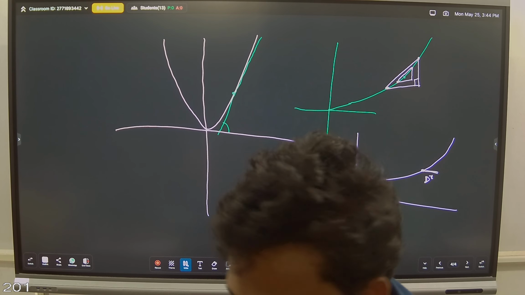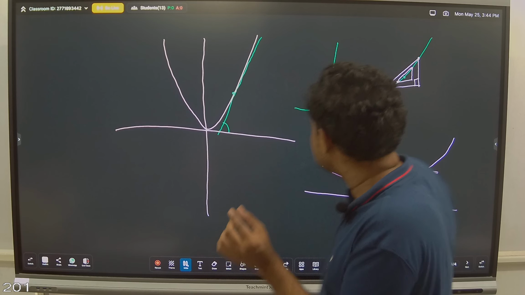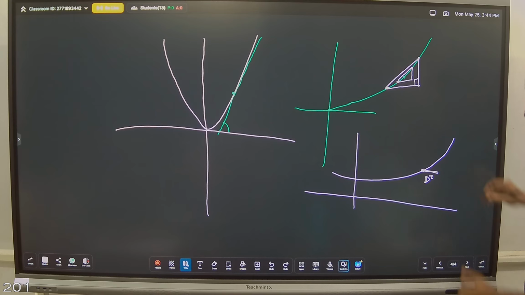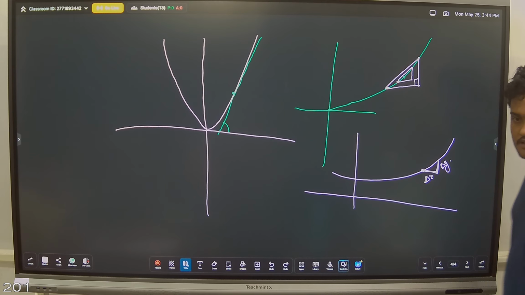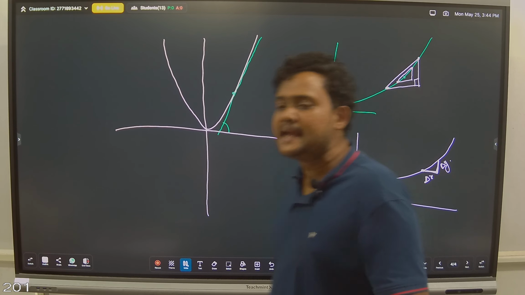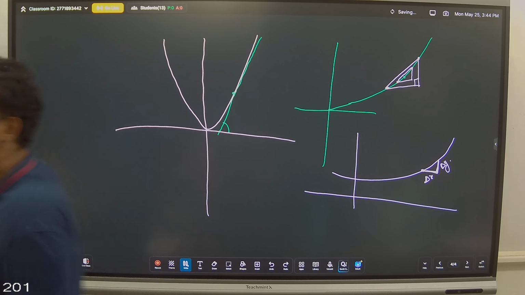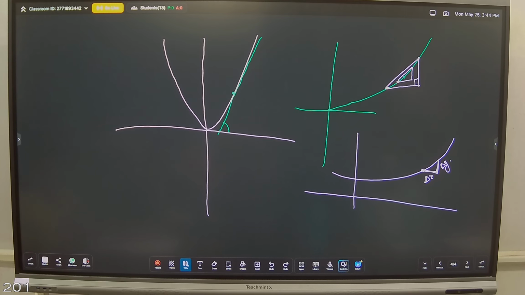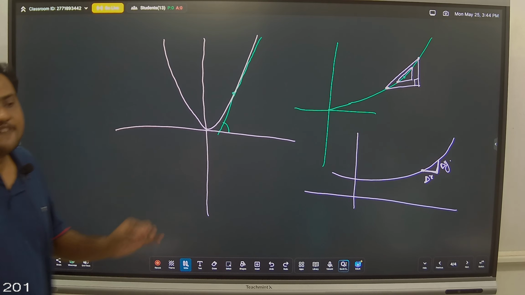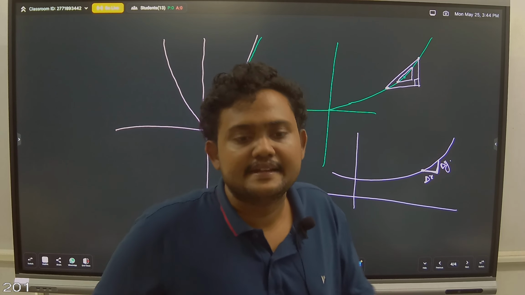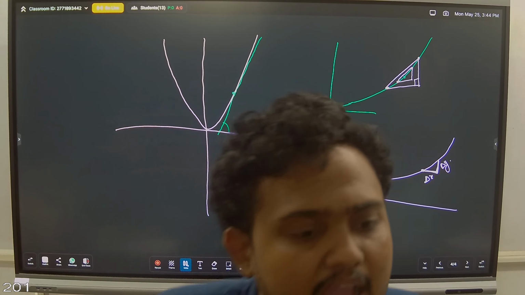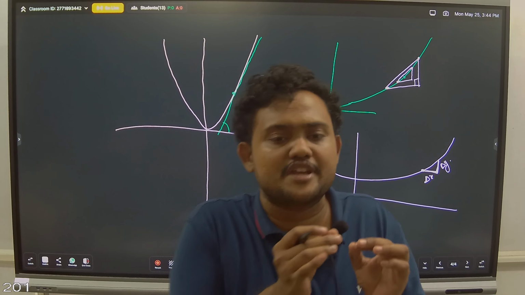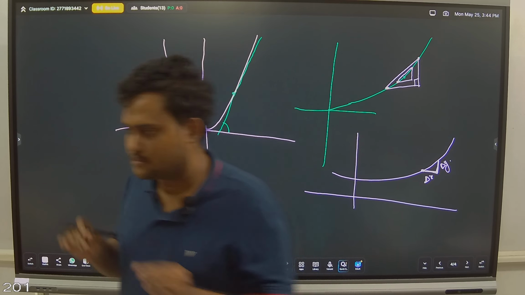Change in, right? For a change in the x-axis like this, delta x, there will be a corresponding change in the y-axis like this, which is going to be delta y, right? So delta y by delta x is going to be a good approximation of the slope at that point. If I were to take something like delta x is equal to 0.0001, then I will get a reasonable approximation of the slope at that point, right?